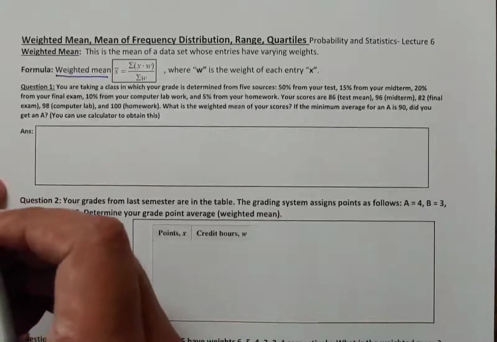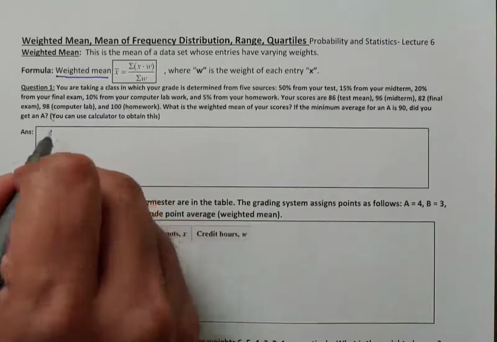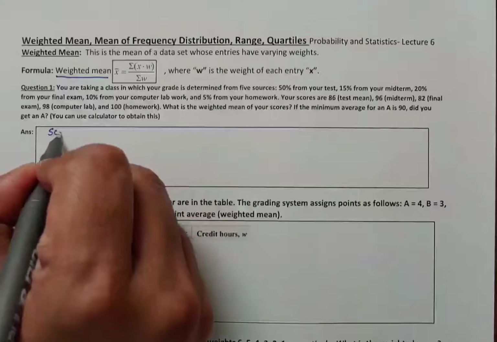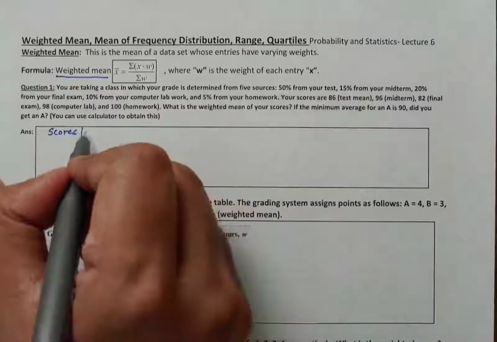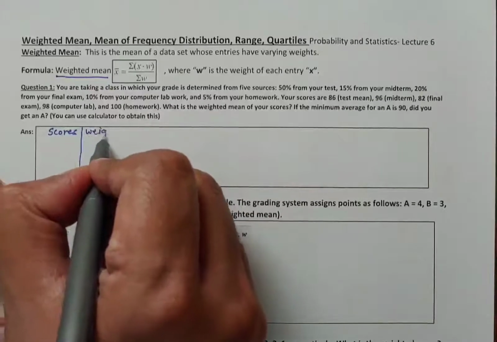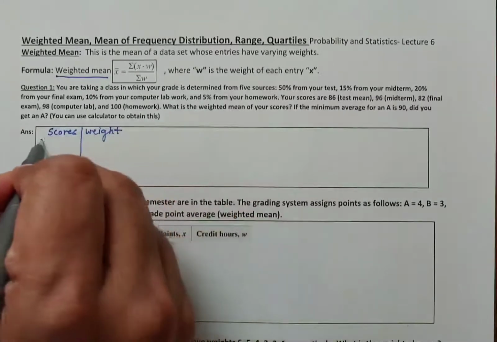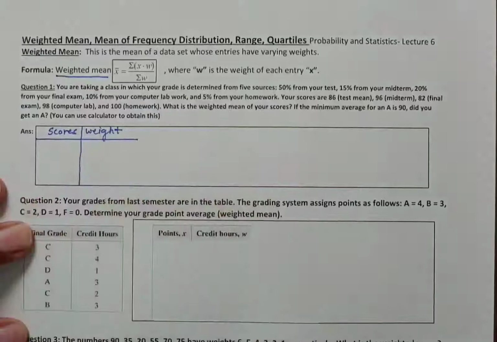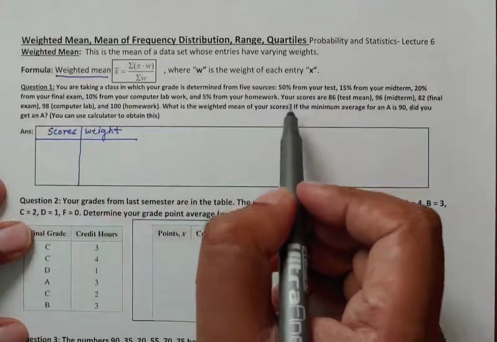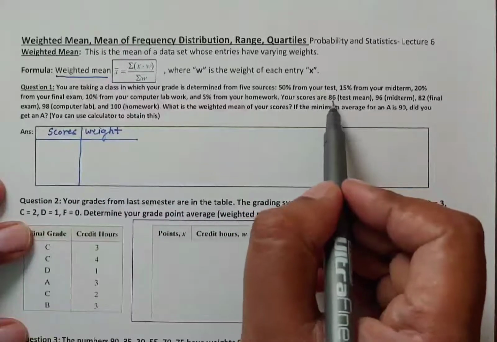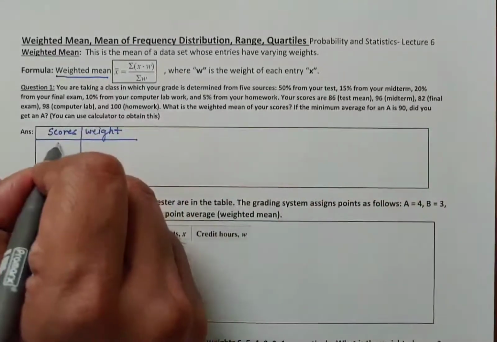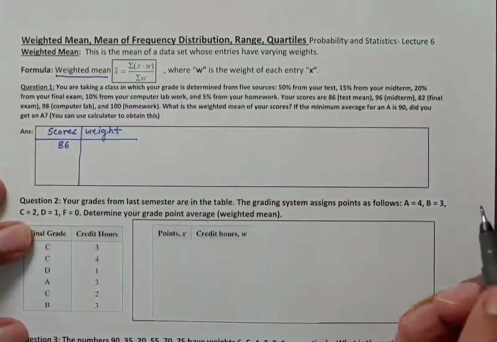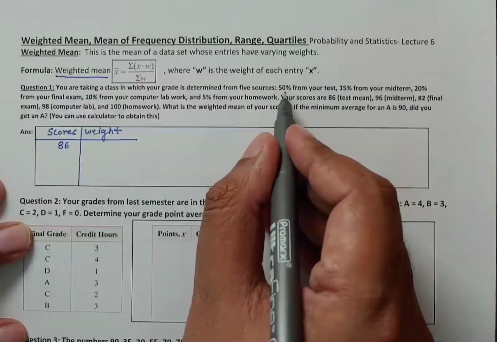So we put it like this. We have scores and weight. Score and weight. Scores are X. Like 86 is the test score, right? So 86 is the score, and the weight is 50%.